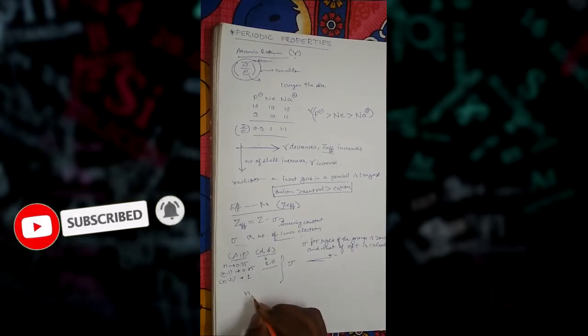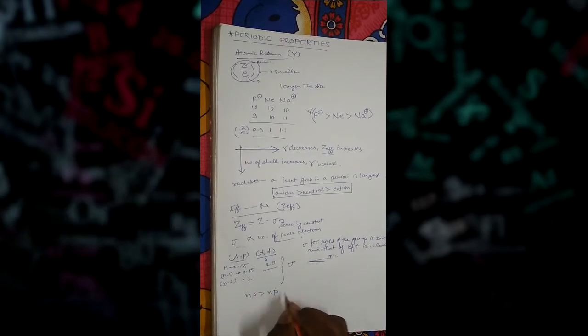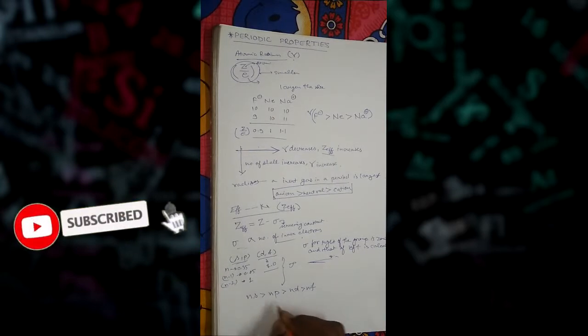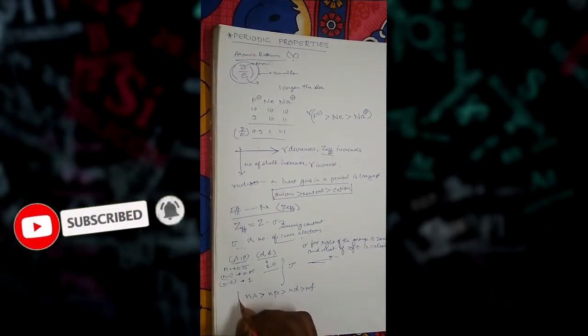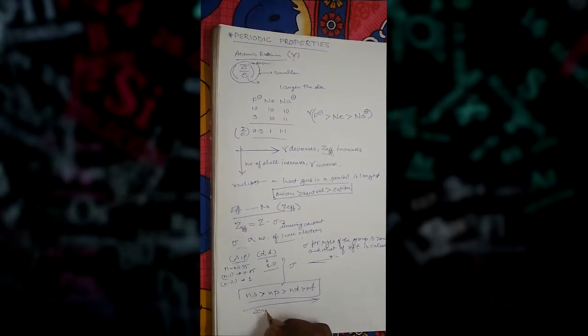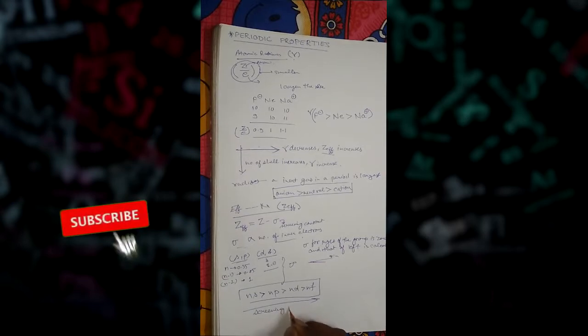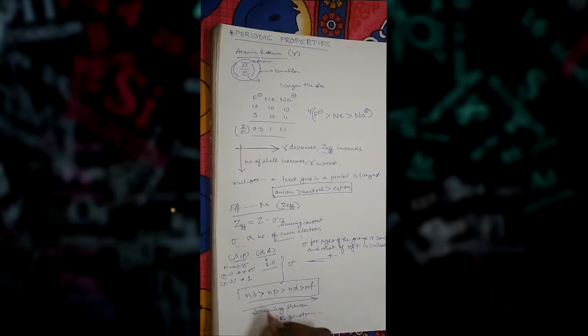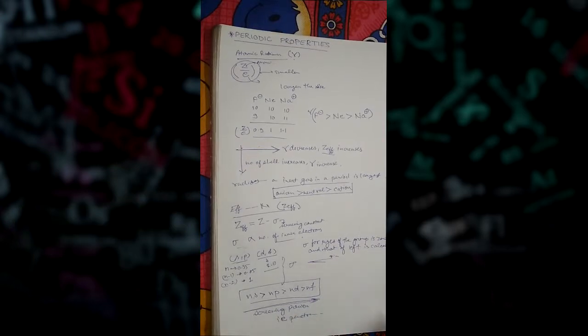Now ns is greater than np greater than nd greater than nf. This is the order you also have to remember, and going like this, the screening power, that is the penetration effect, decreases.